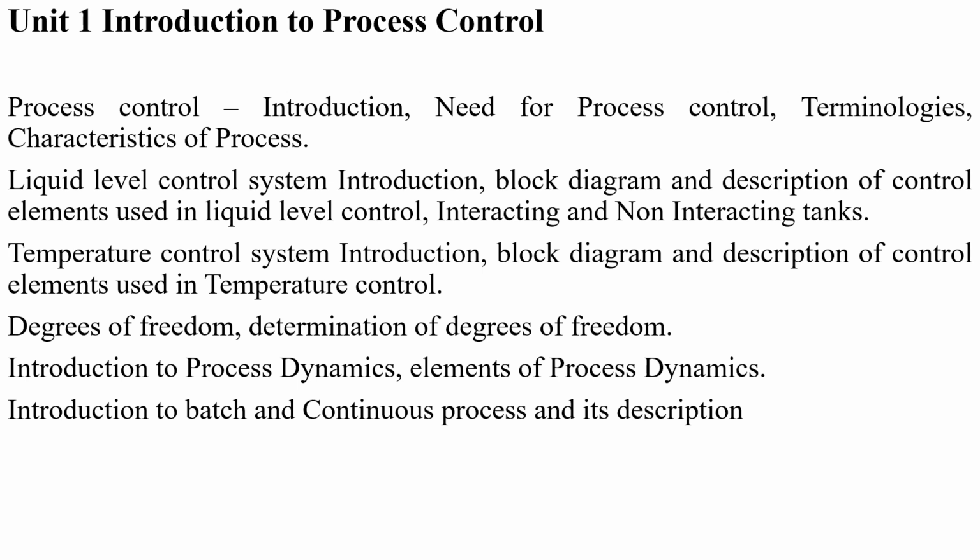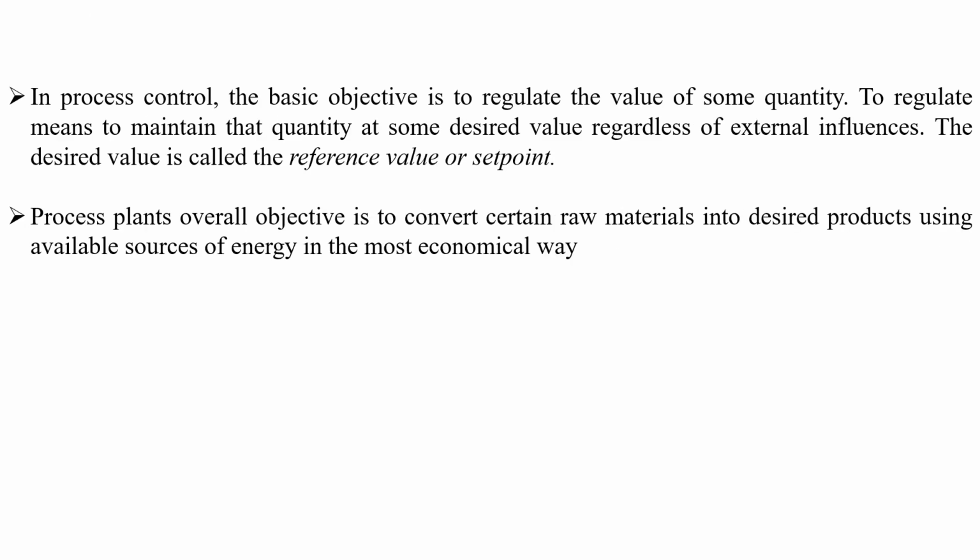Before that, we can have many requirements, but those requirements are concluded as five important requirements. So that we'll see. After that, we'll move into the need for process control. But before that, the basic objective of process control is to regulate. So we have to regulate a particular quantity, in the sense that the quantity has to be maintained at the desired value.